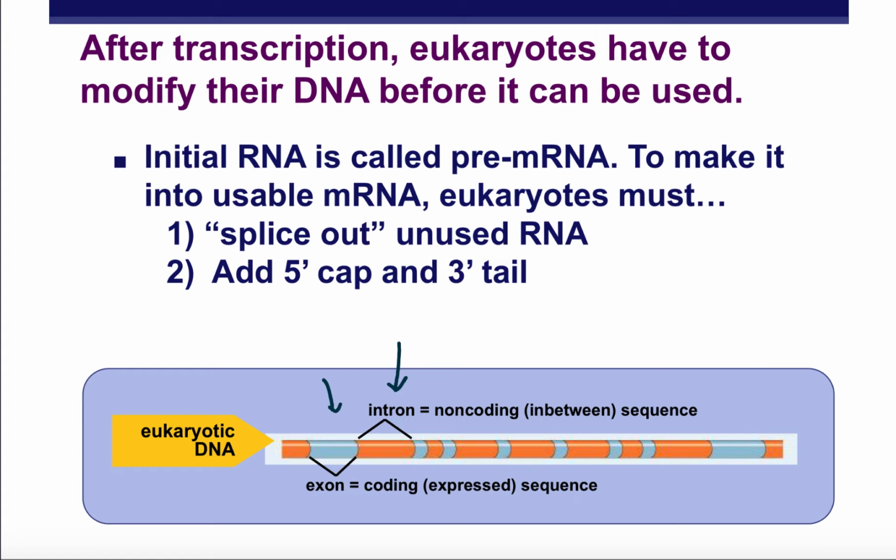So in order to use our RNA, we're going to need to cut out the unused RNA, and then we're going to need to add a 5' cap and 3' tail to help this RNA do its job and go to the correct places and to protect it.